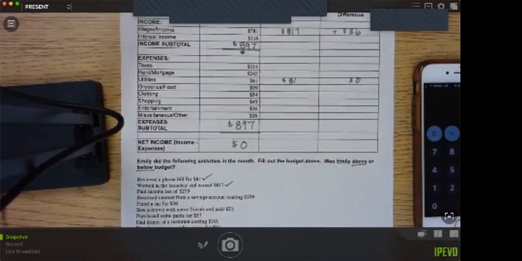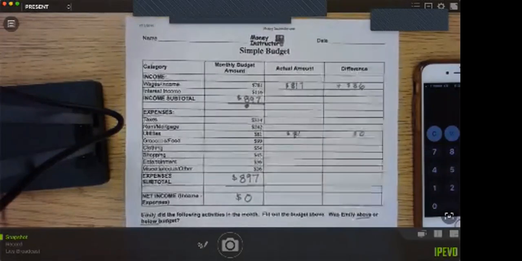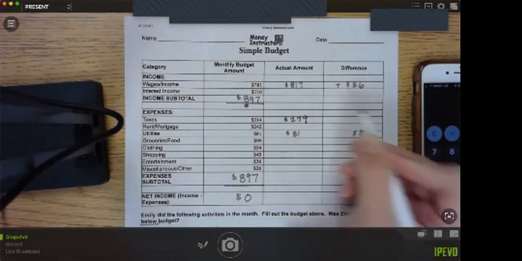Okay, so she paid income tax, $279. So let's take that, go to taxes, $279.